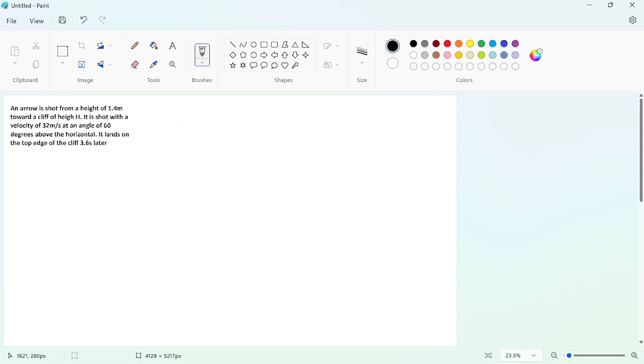Okay. An arrow is shot from a height of 1.4 meters towards a cliff of height h. We have an arrow. It is shot with a velocity of 32 meters per second at an angle of 60 degrees.